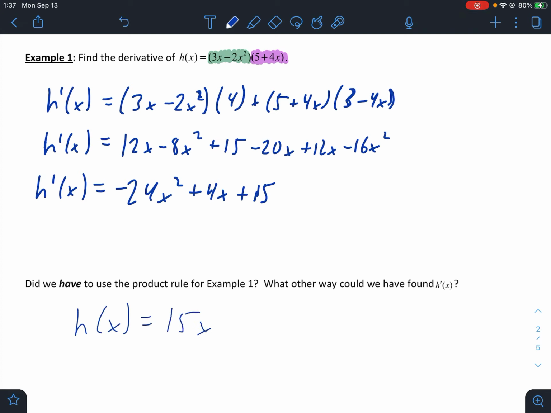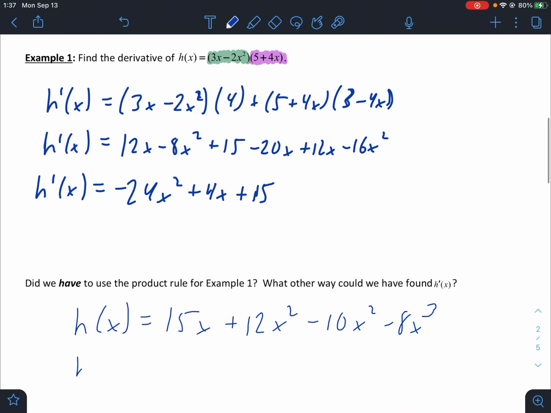So we get 15x plus 12x squared minus 10x squared minus 8x cubed. And if we rewrote that in descending order, negative 8x cubed plus 2x squared plus 15x.